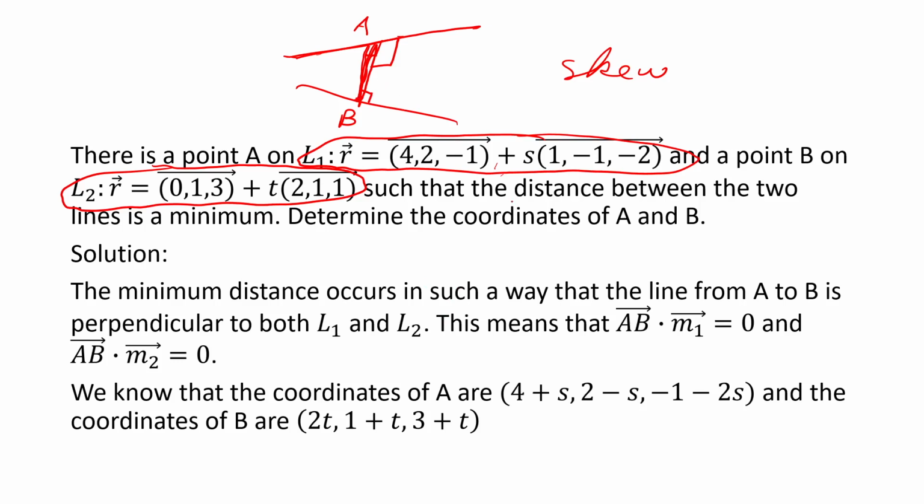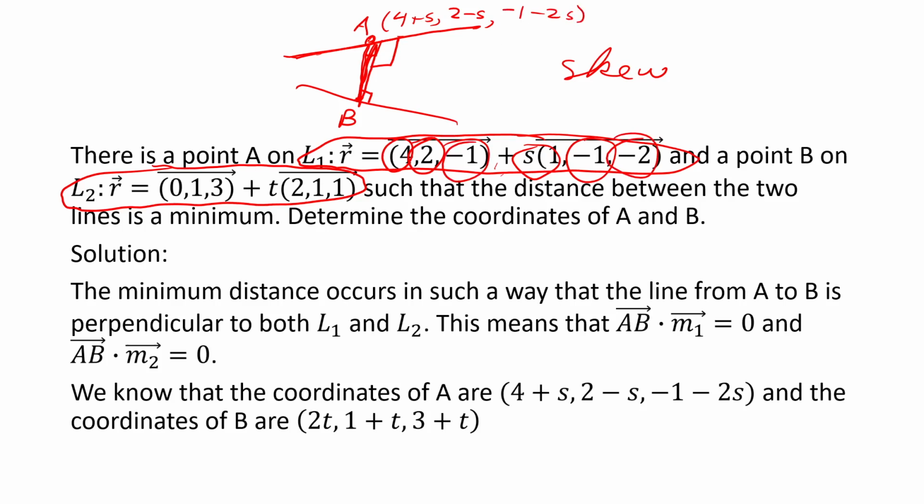Okay, so how are we going to go about this? Well, using some logic, we know that since A is a point on the line L1, A must have the coordinates 4 plus s times 1 for x, 2 plus -1 times s for y, and -1 plus -2 times s for z.